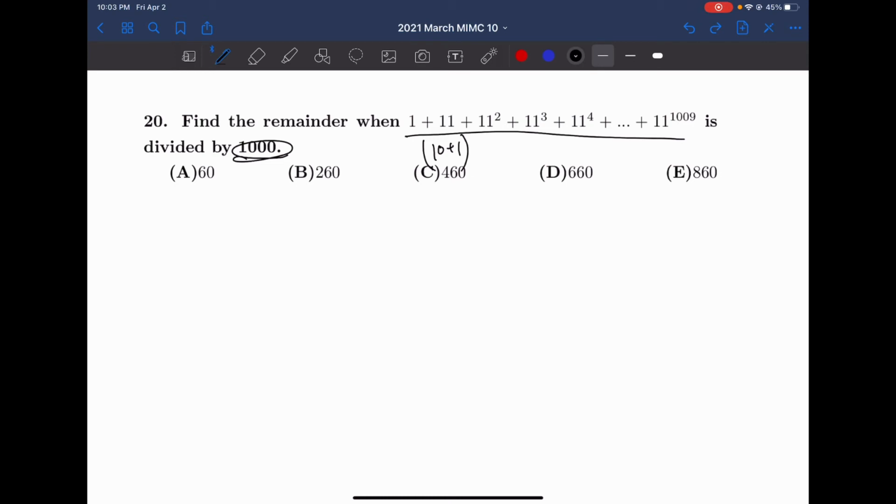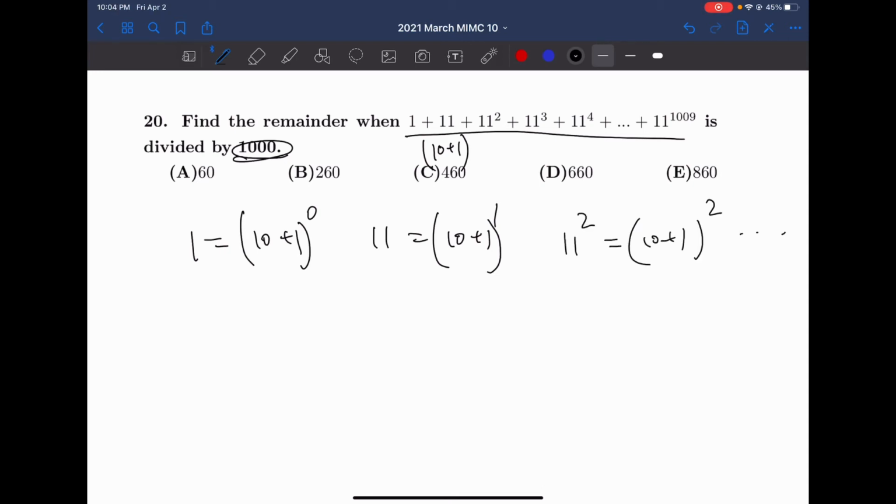binomial theorem. So 1 is equal to (10 plus 1) to the 0th. That's boring, right? 11 is equal to (10 plus 1) to the first power, and 11 squared would be (10 plus 1) squared, and so on and so forth.